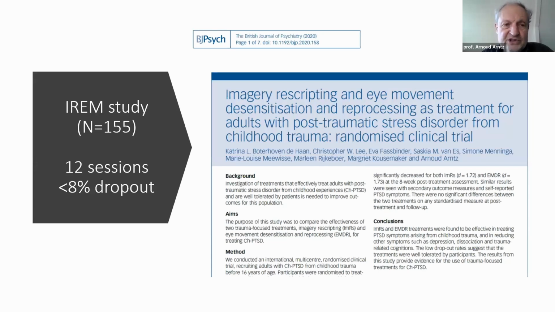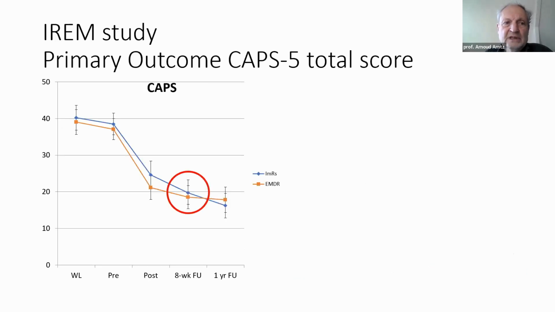Of both treatments, a maximum of 12 sessions were offered, and both treatments were found to be extremely tolerable with less than 8% treatment dropout. So very tolerable, acceptable treatments for a very severe disorder, and both have very good effects. Here you see the development on the CAPS, that's the severity of post-traumatic stress disorder symptoms. During wait time, there is little change, a little bit of reduction, but not significant.